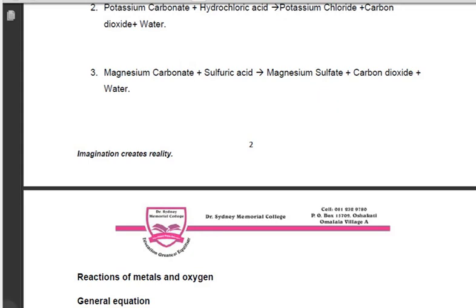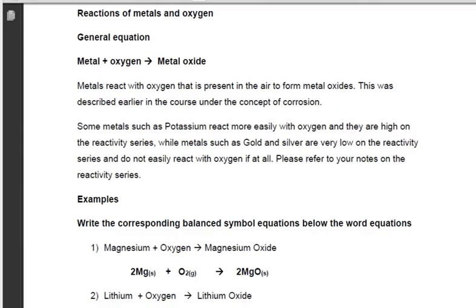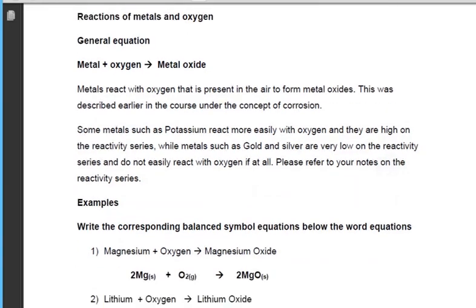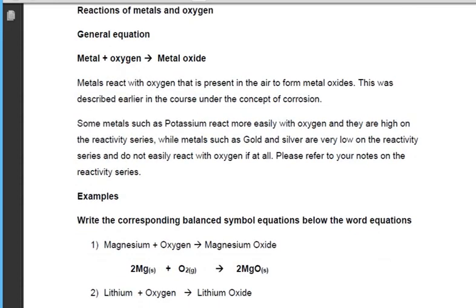Thank you. Okay, welcome back, guys. So now we want to look at the reaction of metals and oxygen. Observe that if we're looking at reactions of metals and oxygen, it means we have transitioned to lesson 9, and this is what we'll be discussing. So reactions of metals and oxygen.